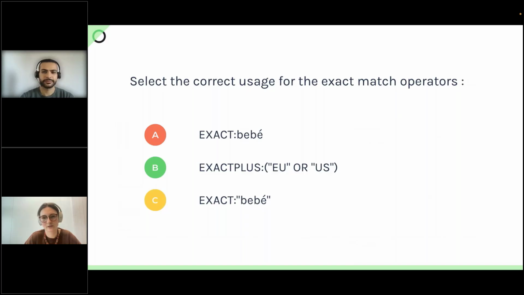Okay, and let's reveal. The first one is not correct because we forgot to place Bebe between quotes. The second one is correct because we saw I can use it with parentheses. So I will have EU and or US in uppercase. And the third one is correct as well.